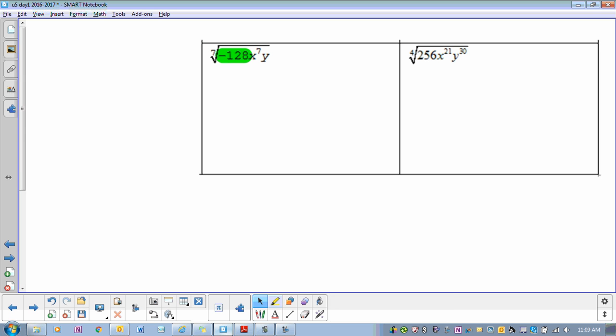Did you get 2 or negative 2? You should have negative 2. Got to make sure if you have an odd root with a negative number inside, we use that sign. So this should be negative 2. Alright, so negative 2 just comes out. This is nice. We don't have to do the long way with these.